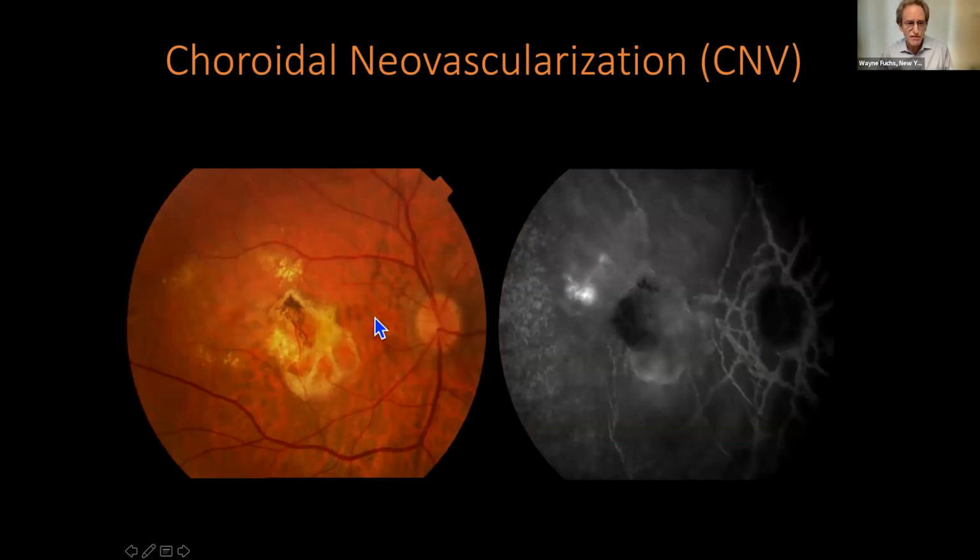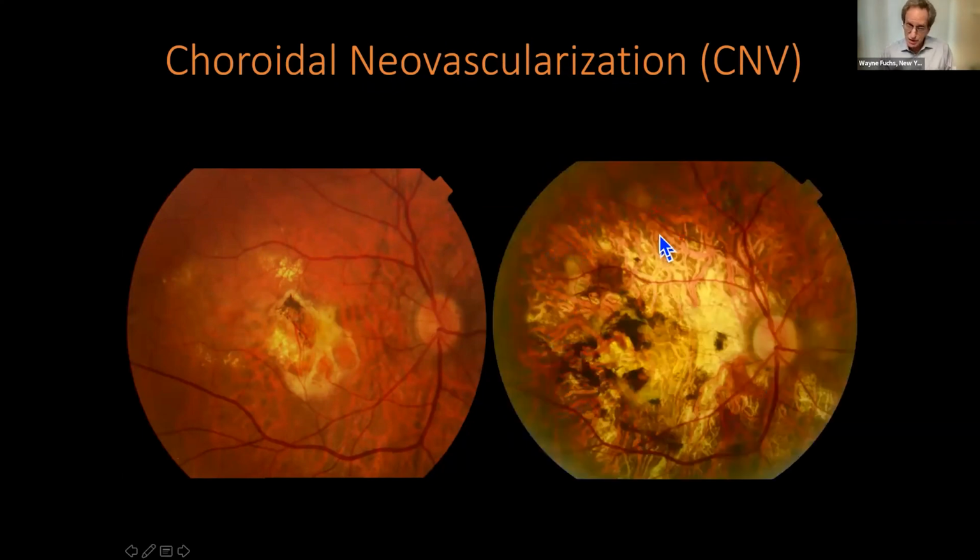One can see the faint angioid streaks in this patient with a central scar. There's some blood, fluid, and some lipid deposition surrounding the fluid. You can see the circumferential or circular angioid streaks in this ICG photo on the right, and you can also see the peau d'orange.